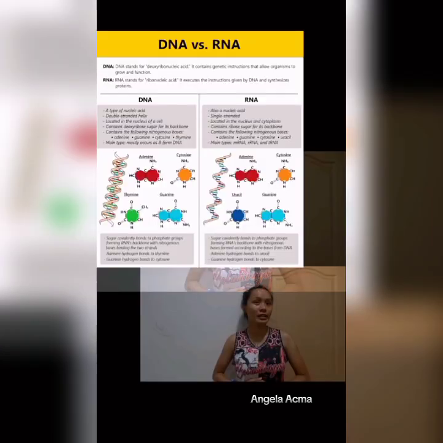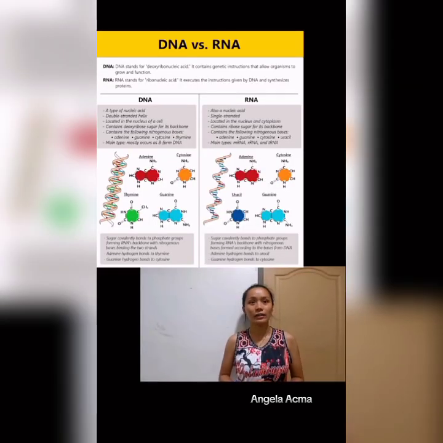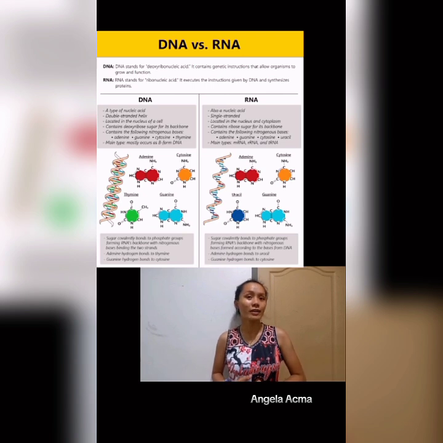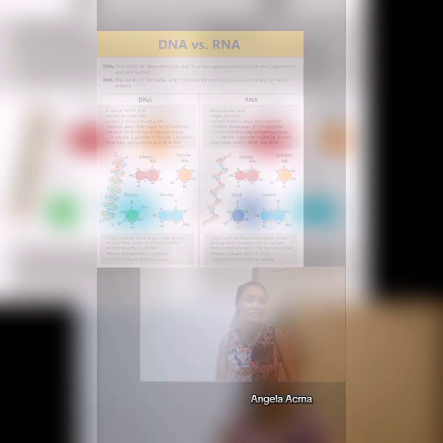In summary, DNA and RNA are vital nucleic acids in all living organisms. The DNA stores and transmits genetic information, while the RNA translates this information into proteins, which perform various functions in the body.